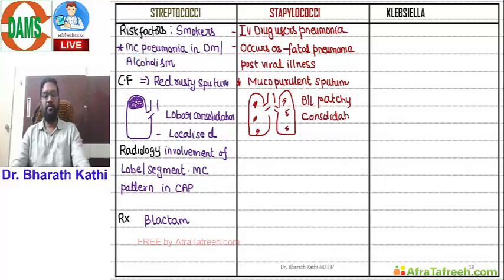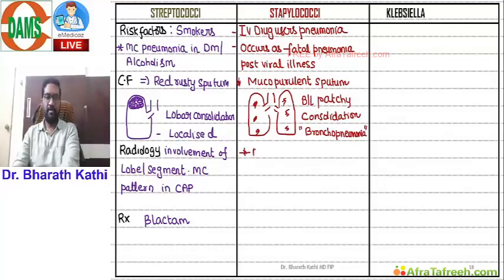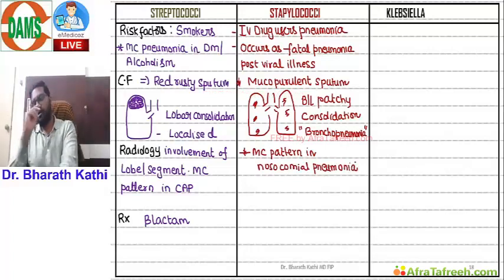This bilateral patchy consolidation is nothing but the bronchopneumonia pattern, and this pattern is considered the most common pattern in nosocomial pneumonia. Even though staph usually occurs as nosocomial pneumonia, in a few situations it can also occur as community acquired pneumonia.